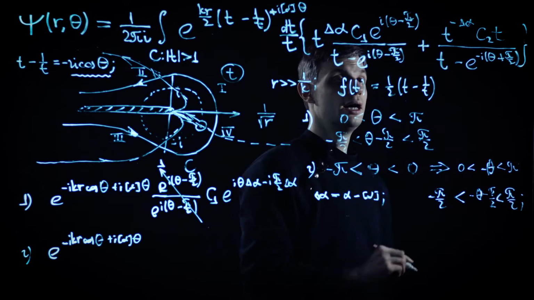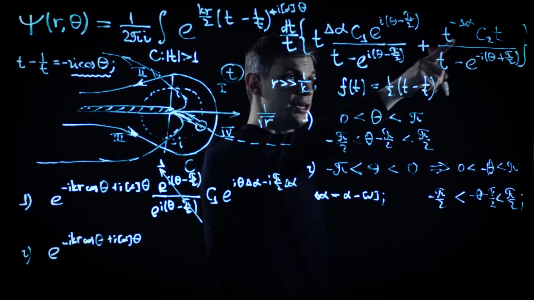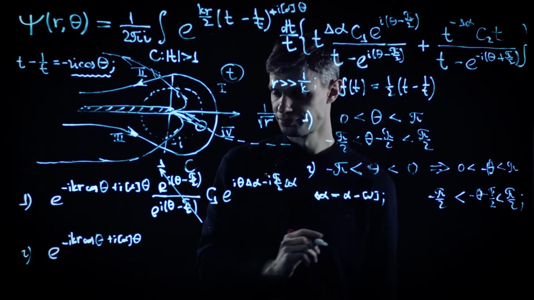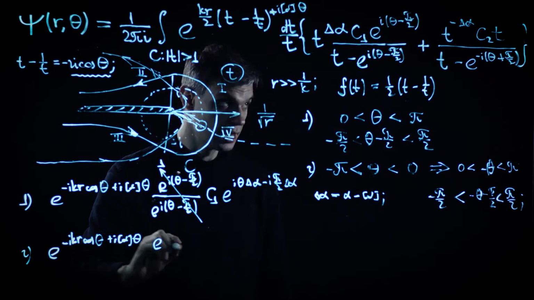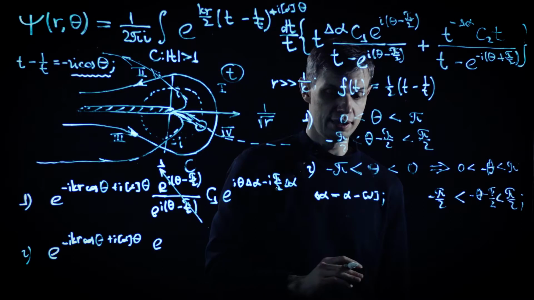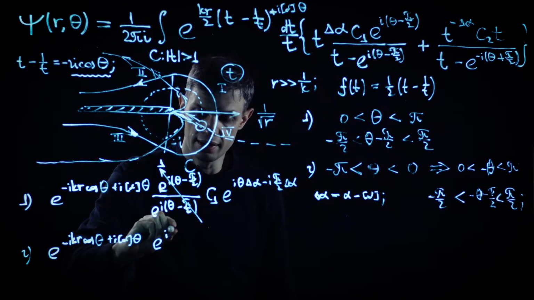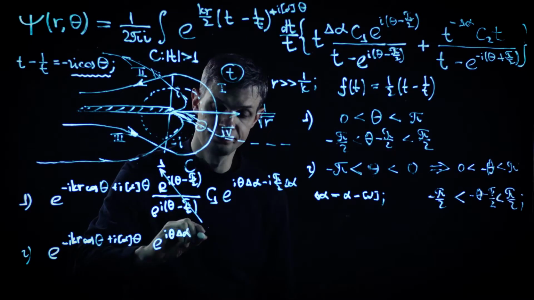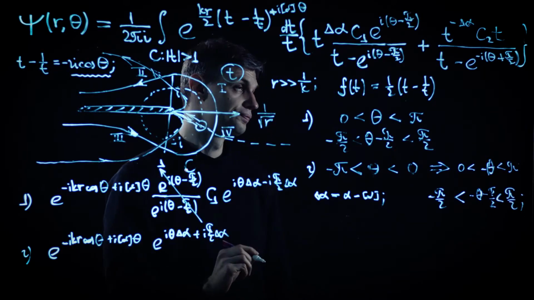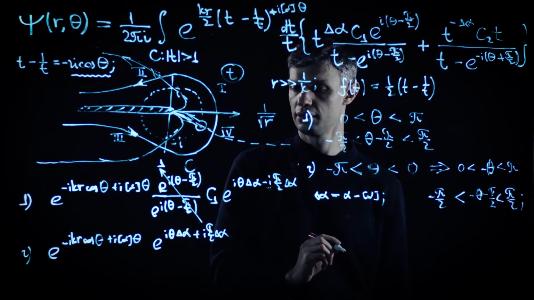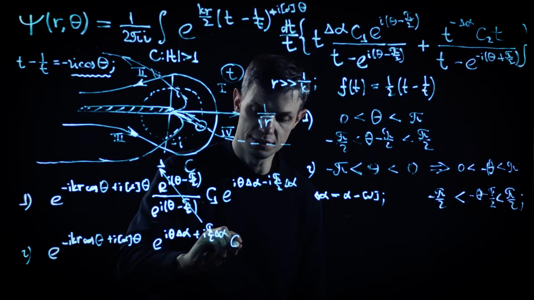And then this term will give us, so t here and t in the denominator cancel. So we'll have C2 constant times t to the minus delta alpha. So we'll get e to I theta delta alpha plus I pi by 2 delta alpha. And I think that's more or less it. And constant times constant C2.